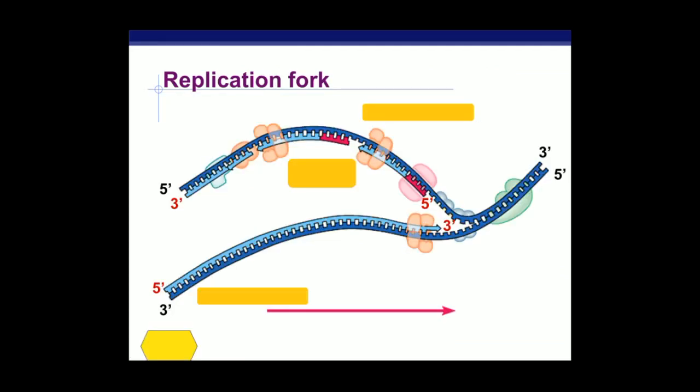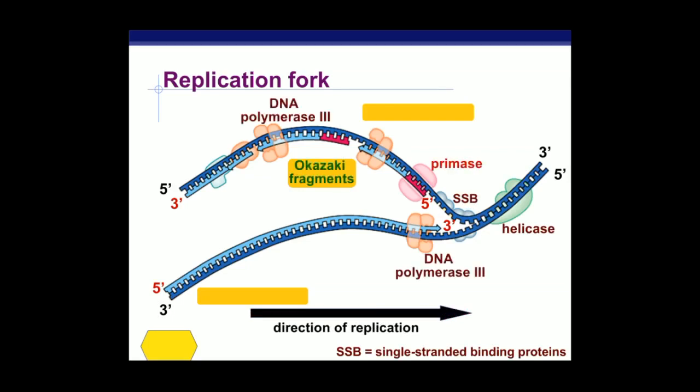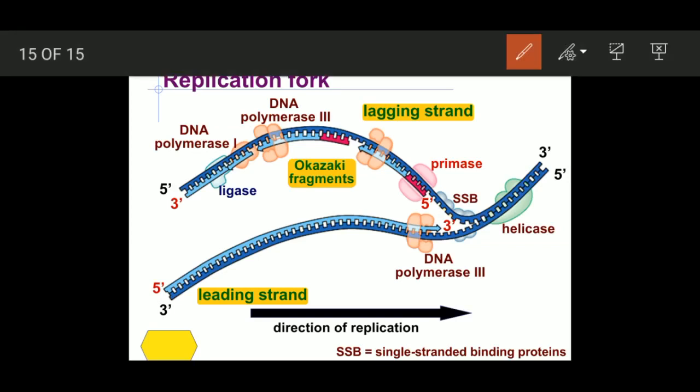Now the replication fork. Now guys, let's see the whole step, right? Now what happens actually. Here you can see this is the replication fork, correct? Helicase enzyme, SSB, primase, DNA polymerase third, Okazaki fragments, ligase, and DNA polymerase first. We have already discussed, guys. You can clearly see here the Okazaki fragments.